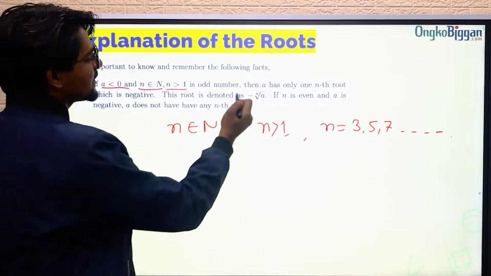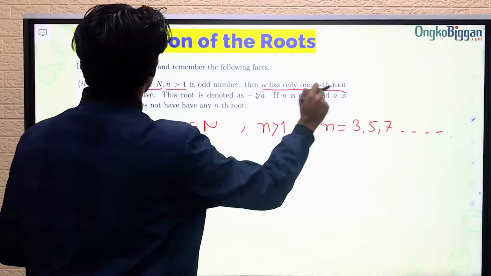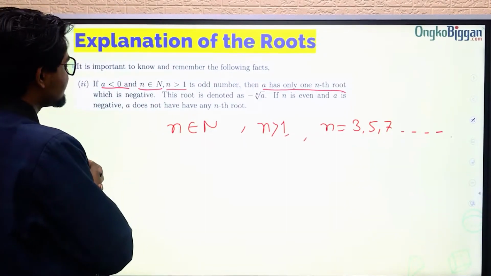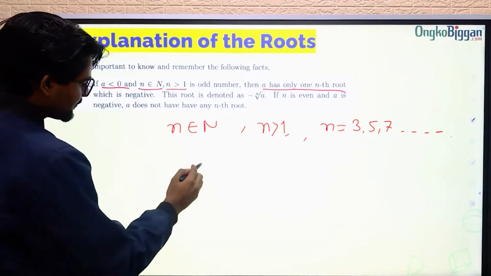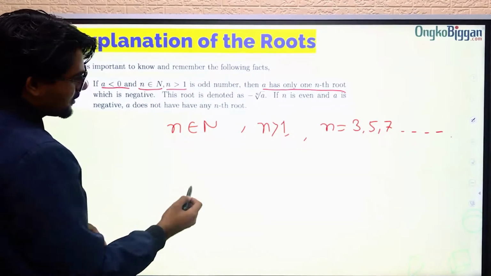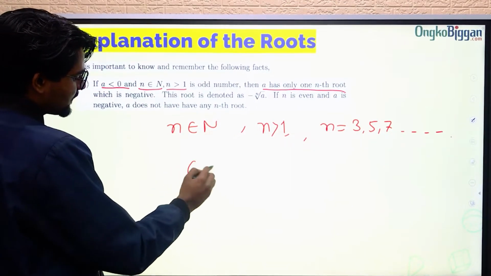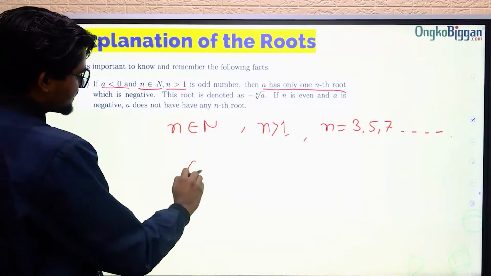Then a has only one nth root, which is negative, because here we have to find the negative root.